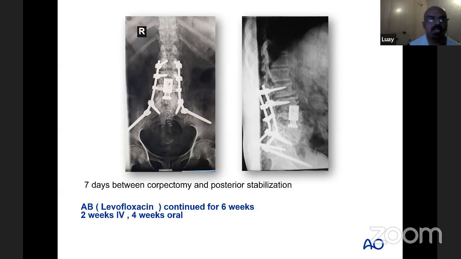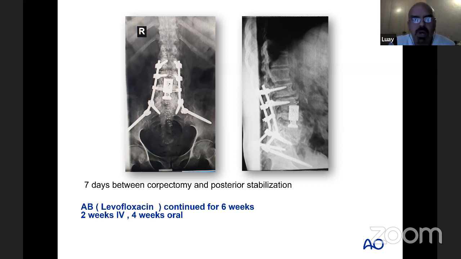For this case I did a two-stage surgery separated by 7 days. I did a full corpectomy of L5 through an anterior retroperitoneal approach and a partial corpectomy of L3. I put in an expandable titanium cage packed with graft.